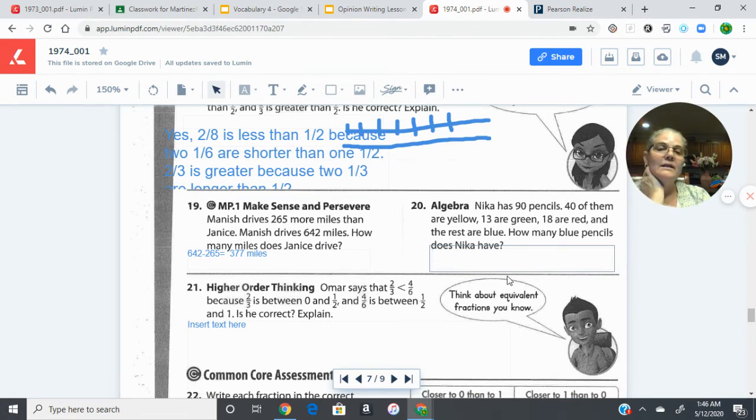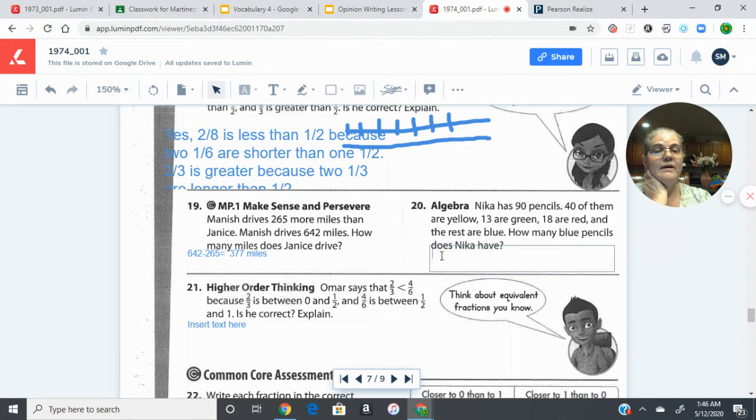Number 20, Nika has 90 pencils. 40 of them are yellow, 13 are green, 18 are red, and the rest are blue. So how many blue pencils does Nika have? So we have to add up all of the pencils that we have colors of and subtract them from the whole group. We have 90 altogether.